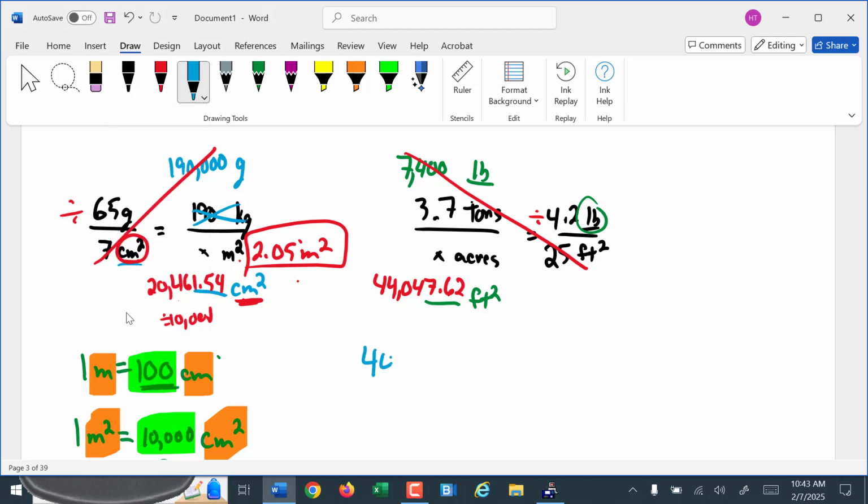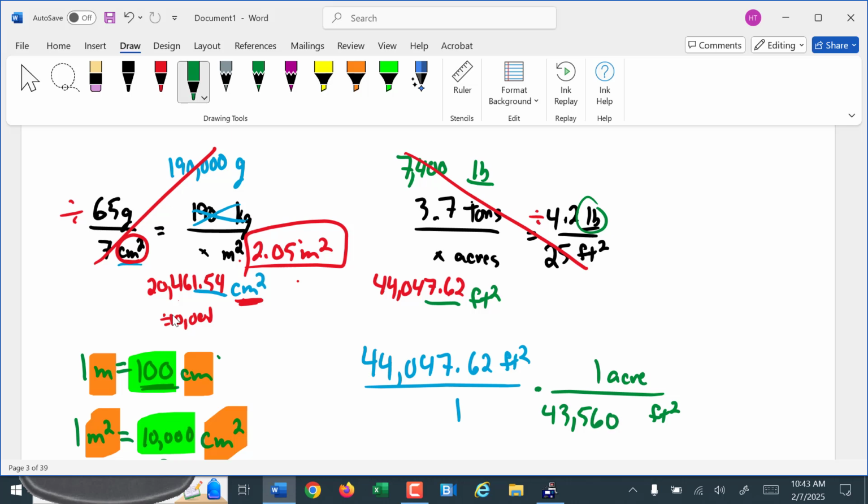So this is not one we do very often, so I'll set up the conversion factor. Put the 44,047.62 square feet over 1. Anybody happen to know how many square feet are in an acre? 43,560.